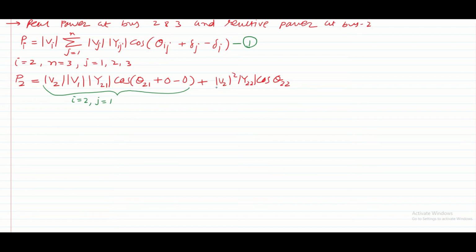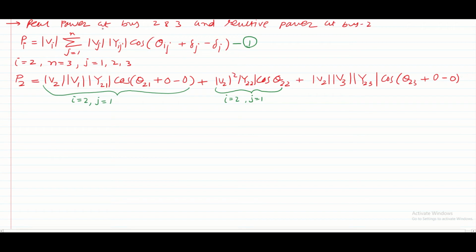Let me write it over here again. I will get this equation after substituting i equal to 2 and j equal to 2 in equation number 1. Okay, I hope it is clear to you. Now next, the third term: again V2, V3, now j equal to 3, Y23 and cos of theta 23 plus 0 minus 0.